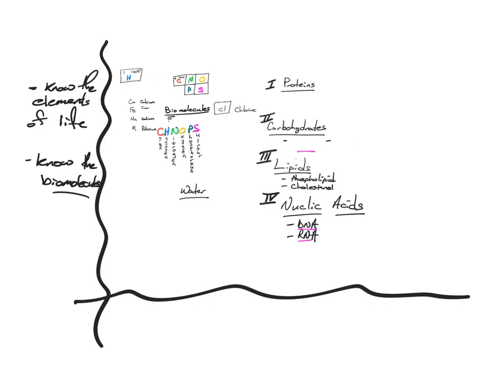These four are key. And to be clear, each one of these has certain elements. For instance, proteins have carbon, nitrogen, oxygen, hydrogen, and sulfur.